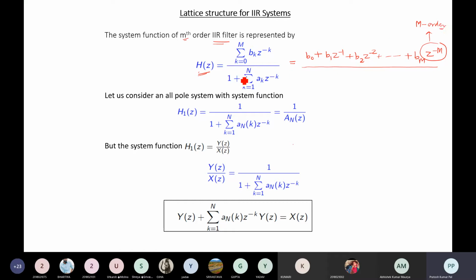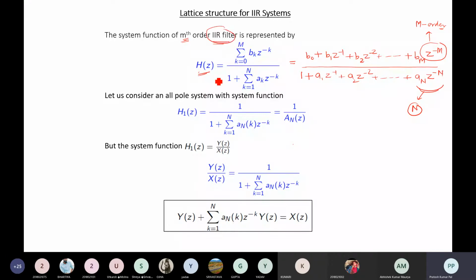So here m is the highest power, so m is the order of the numerator. Similarly, if we expand the denominator, it will be 1 plus summation k equals 1, so a1 z to the power minus 1 plus a2 z to the power minus 2, and so on. At the last, it will be an z to the power minus n. So the order of the denominator polynomial is n. Overall, the higher of these two orders will be considered as the order of the IIR filter.